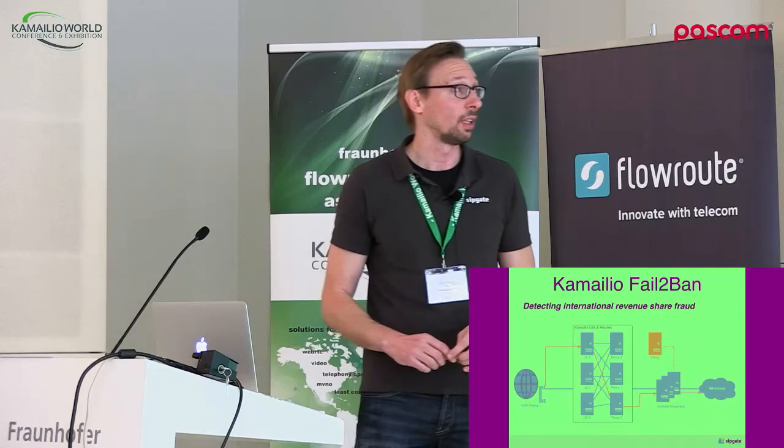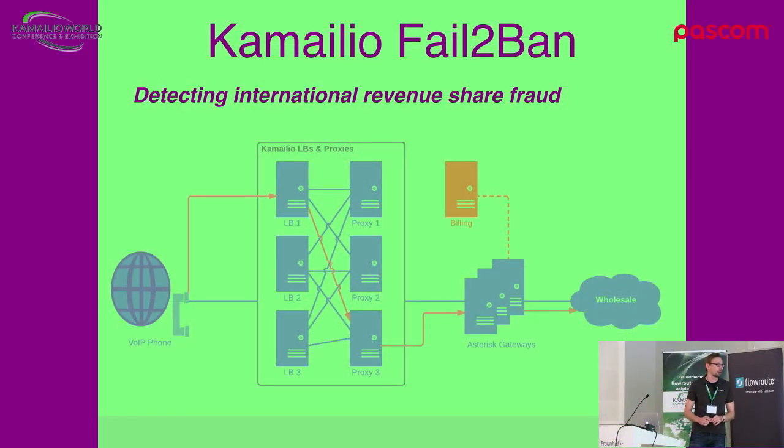So now if a regular call goes out, it goes to the load balancer, which uses the dispatcher module, and then maybe the call ends up on proxy number 3. It goes to the gateway, and after it has passed the billing check, it goes out to a wholesale carrier.